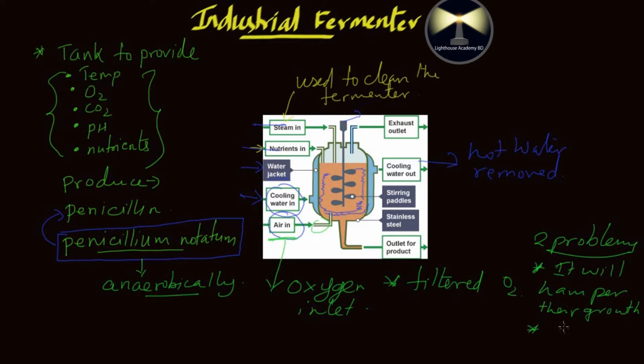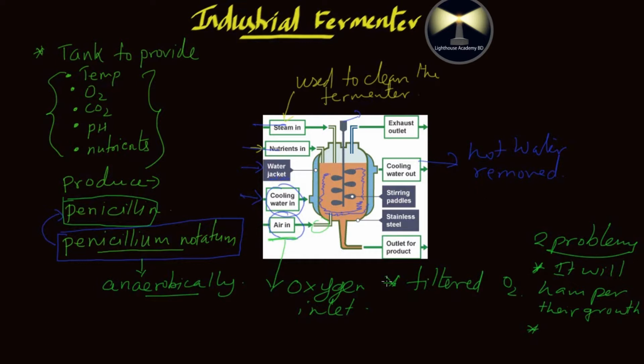Secondly, the products will be contaminated with the waste from the foreign microorganisms. Okay, the product, what do you mean by product? I'm saying this fermenter is used to produce penicillin. Understood? So if foreign microorganisms enter the fermenter, they produce a hell lot of waste.